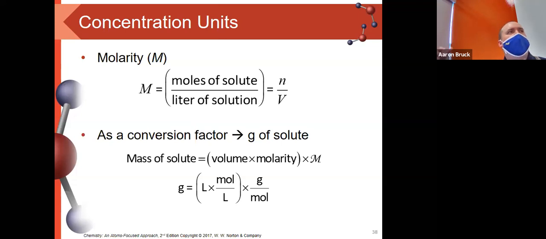So parts per million, parts per billion, we tend to see those on the low end side when we're doing things like measuring the contaminants in water or the amount of a particular low concentration ingredient in a building material.